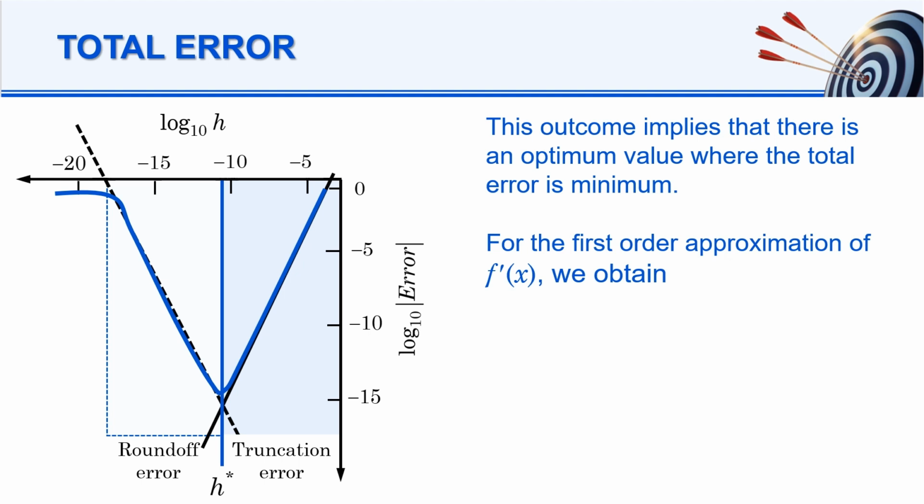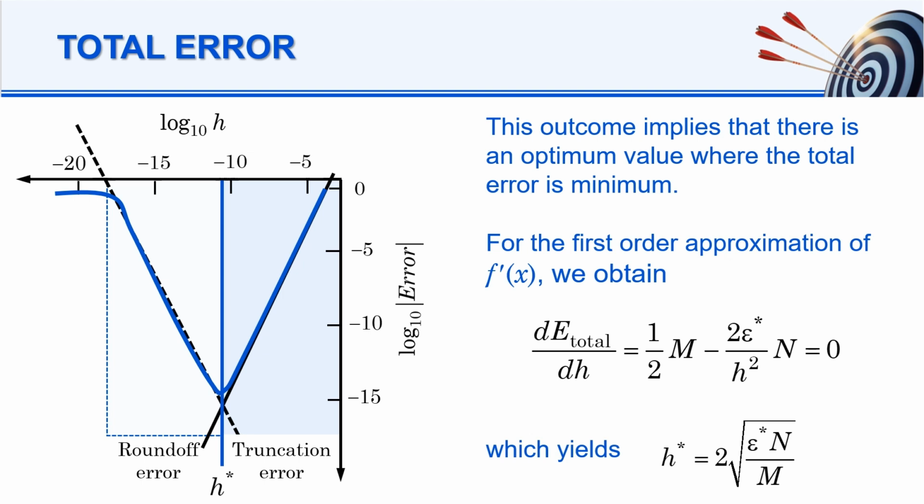For f'(x), we obtain the optimum value of h by setting the derivative of total error with respect to h to 0, which yields the following expression. Note that the optimum value is valid only for the first-order finite difference approximation we started out with. As we will see in this chapter, there are many more finite difference formulas that we use in our calculations. Thus, the optimum values of h for every approximation will naturally vary.